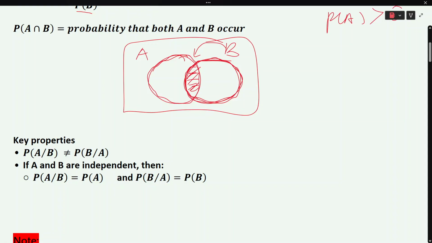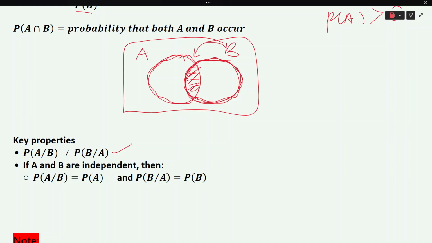Also, we have to look at some key properties. The probability of A given B is not equal to the probability of B given A. Bear that in mind.